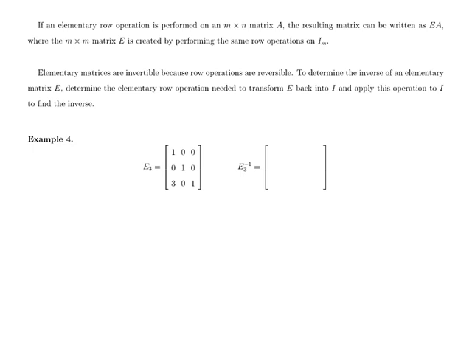And the elementary matrices themselves are invertible because row operations are reversible. Let's think about those real quick. How do we do the reverse? That is the idea of the inverse of elementary row operations.